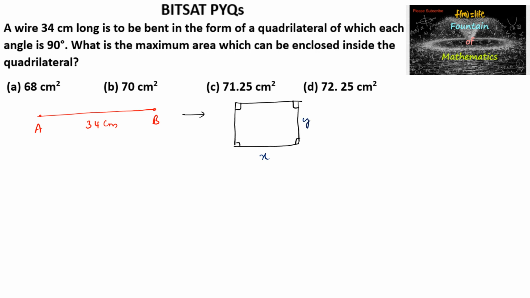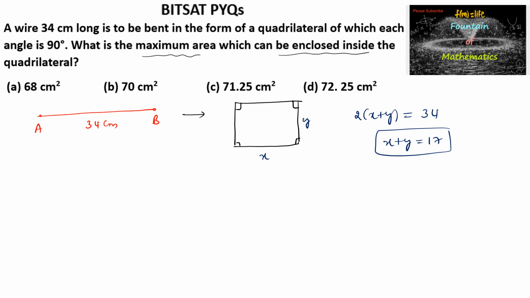So the perimeter is 2 times x plus y, equal to 34 centimeter. So x plus y is equal to 17, and it is now asked what is the maximum area which can be enclosed. So the area of the rectangle is length into width, that is x into y, and here we can write y as 17 minus x.